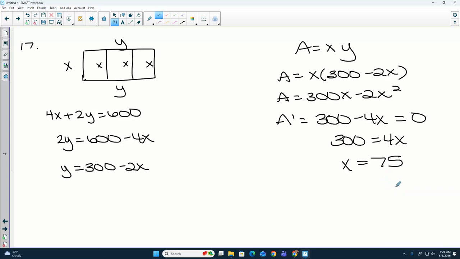We have to answer the question. The question asks, what is the area? So I'm going to plug my 75 into my area formula.